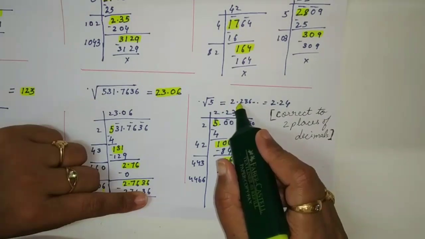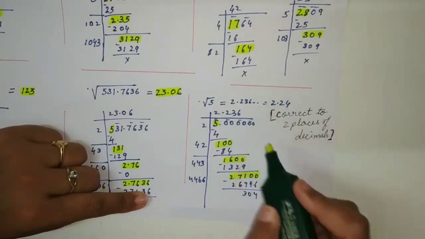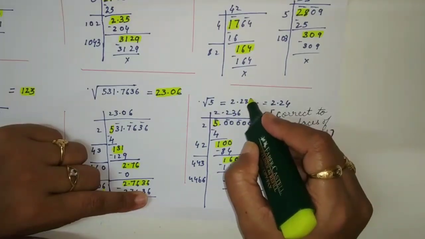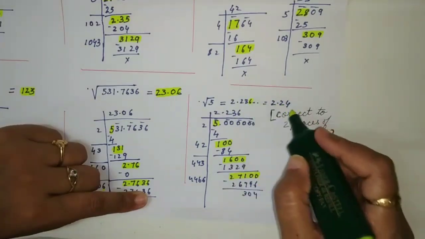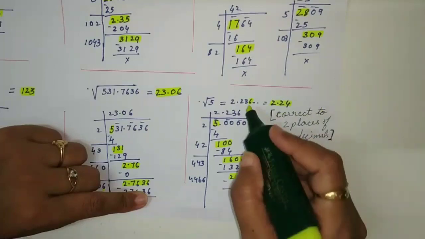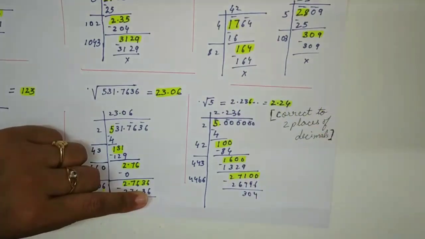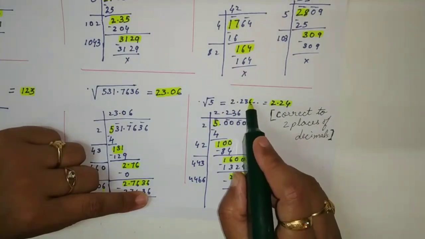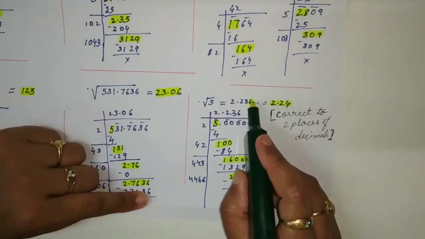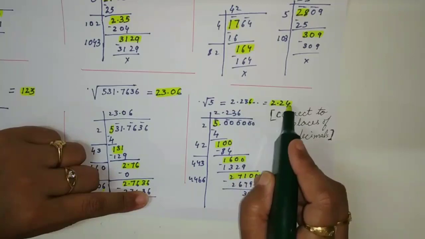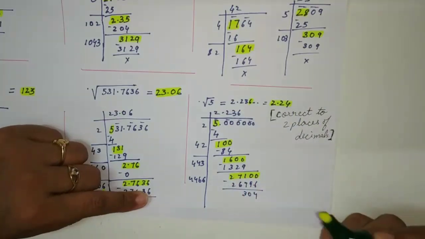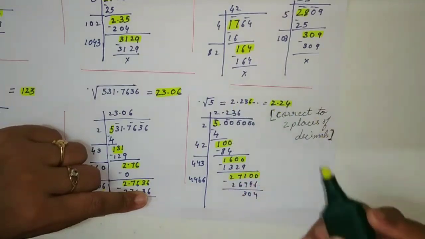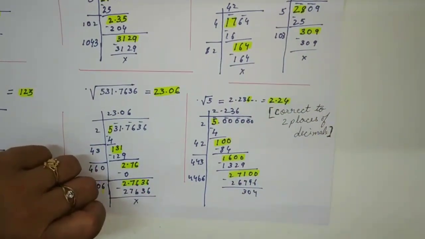So 2.236 can be many more. I need correct to 2 places of decimal, and this is a 6 here, more than 5, so it is 2.24. 3 becomes plus 1. So if the number to be rounded is 5 or more, the previous number becomes plus 1. If it was less than 5, this could have been 2.23, left as it is.